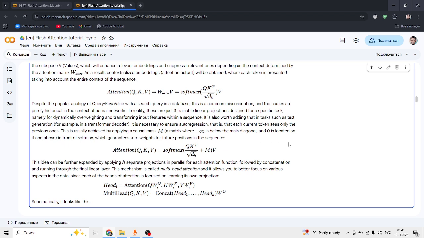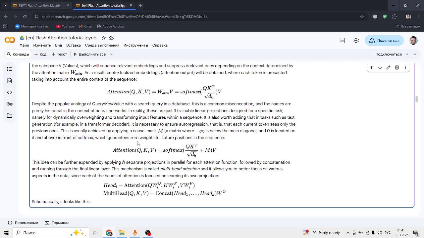This approach guarantees zero weights for future positions in the sequence. So, simply put, this matrix will not allow the model to look at the future tokens. This approach helps to avoid overfitting.